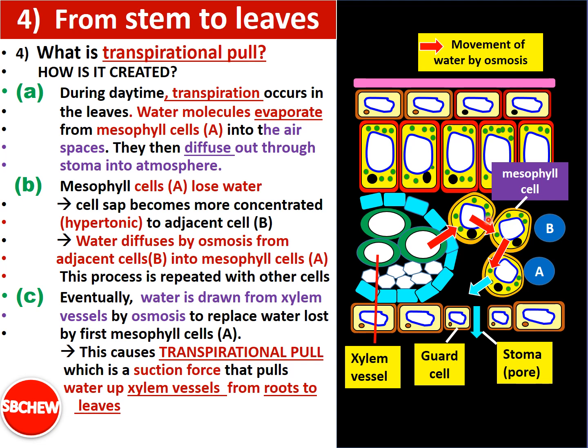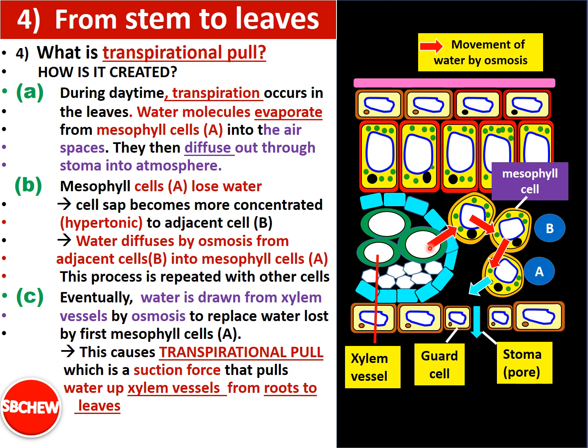This starts off a chain reaction in which water will move from one cell to the next by osmosis when transpiration occurs. Finally, it reaches the xylem vessels, and the water will diffuse out from the xylem vessels into the more hypertonic cells by osmosis again.